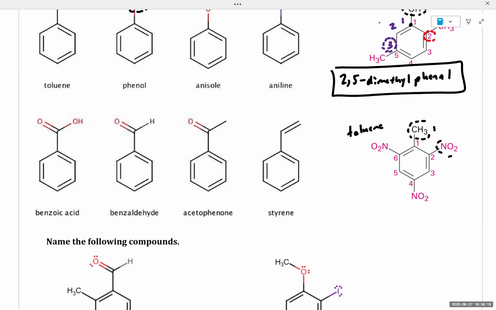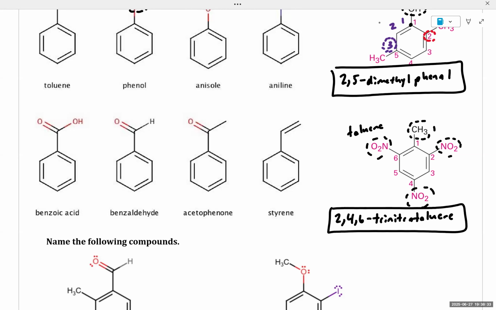We have nitro groups at positions 2, 4, and 6. So this is 2,4,6-trinitrotoluene, also known as TNT. Yes, that TNT. This is an explosive compound.